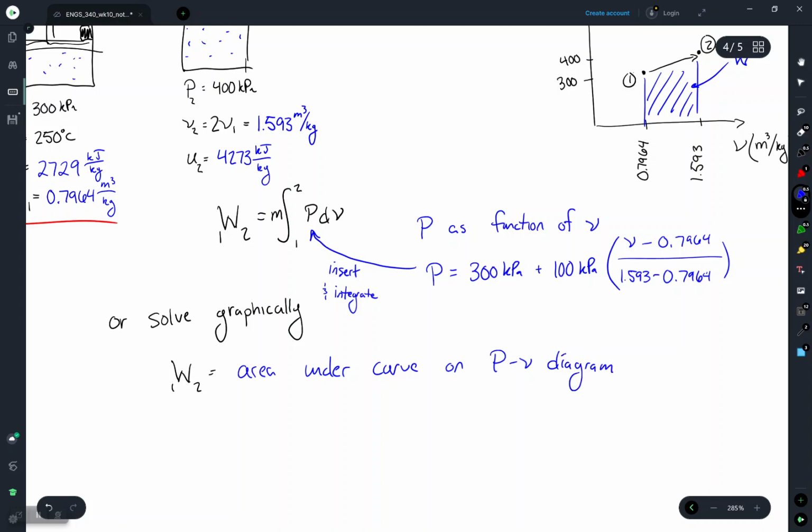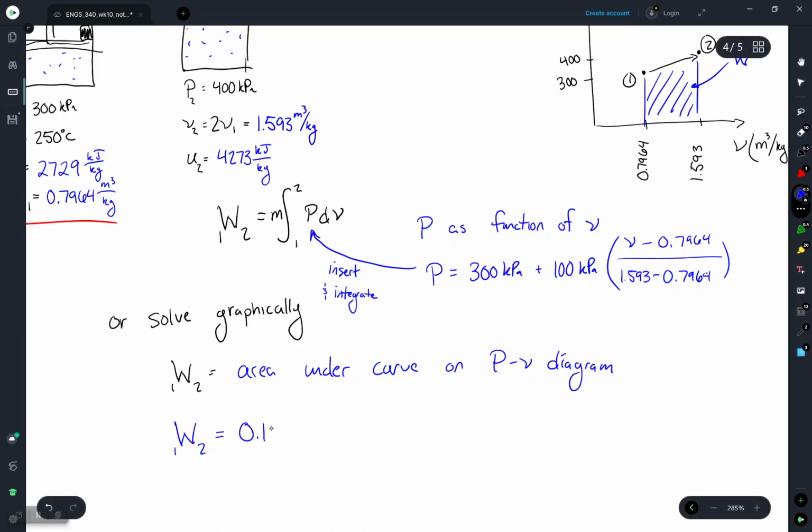All right, so how do we calculate the area of that shape? We go back to high school geometry class, and we can write that the work is equal to the midpoint pressure times the base, right? The middle of the height times the base.